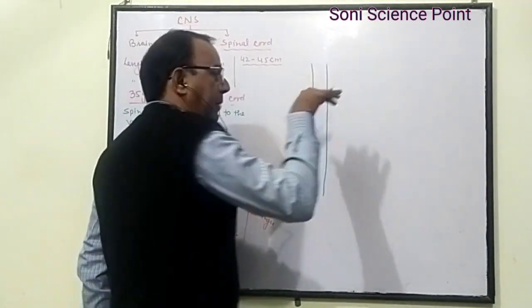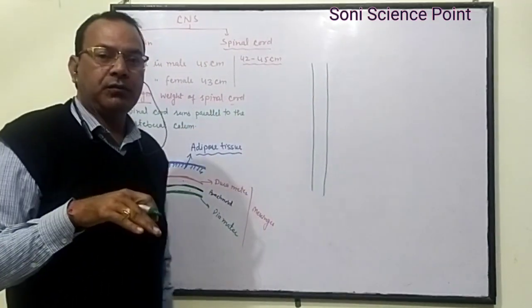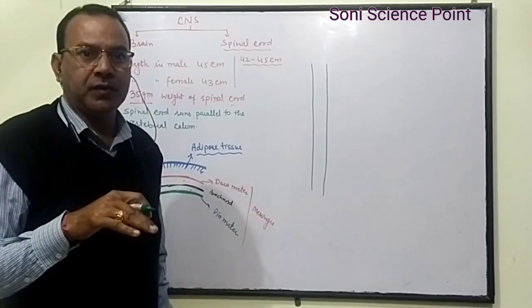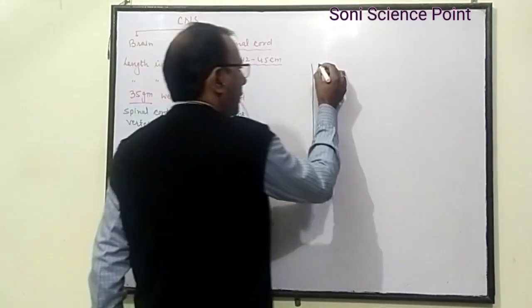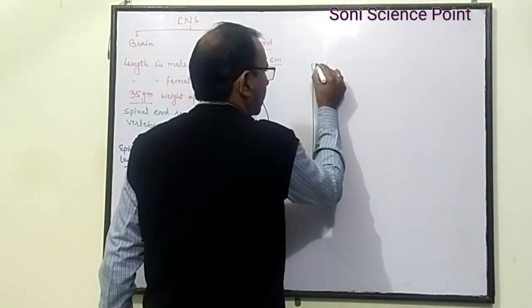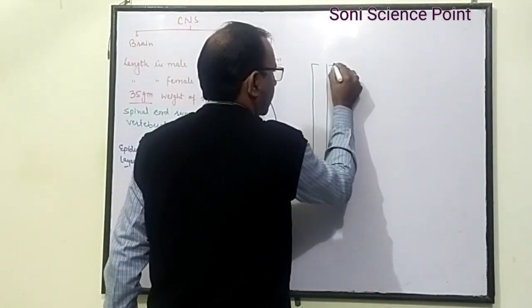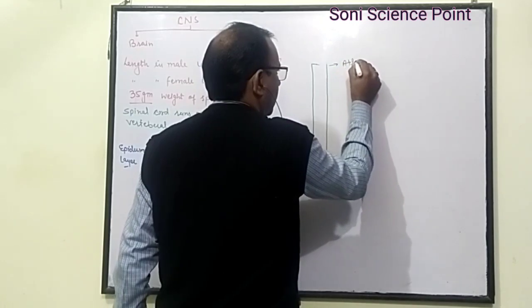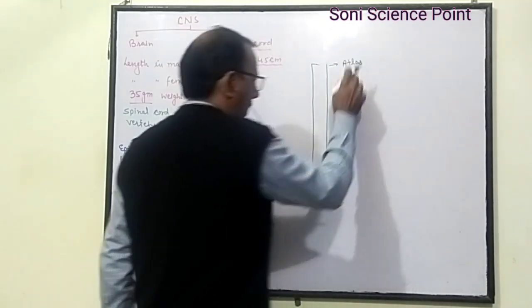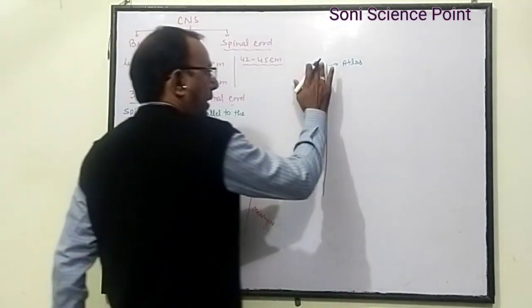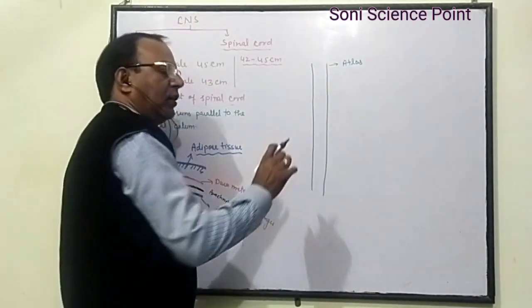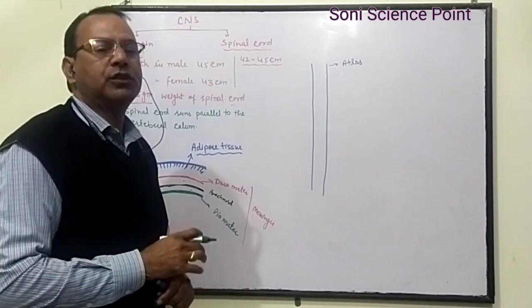It arises from the base of the brain, the foramen magnum, and starts from the upper side of the vertebral column, the first bone, called the atlas, and extends downward. But the diameter of the spinal cord is not definite.